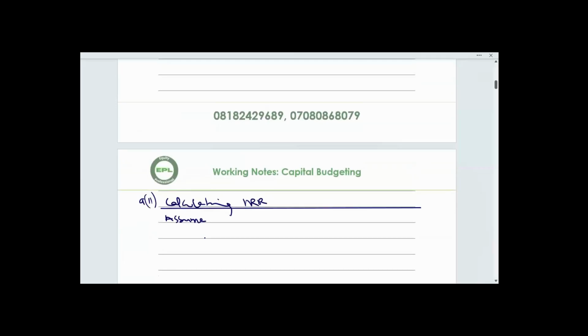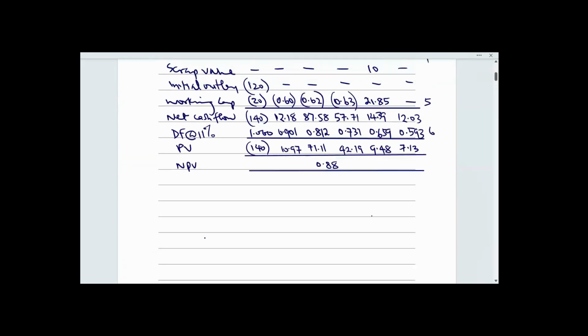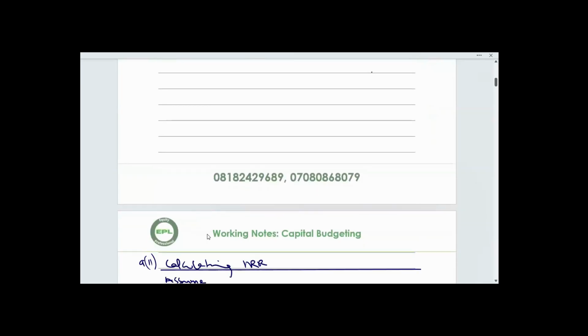One discount rate will give you a positive NPV, and another will give you a negative NPV. Since I've already calculated NPV using 11% and we got positive 0.88, I will assume a discount rate above 13%, but to be on a safer side, let's use 15%.